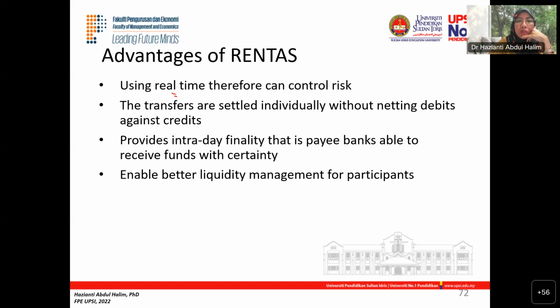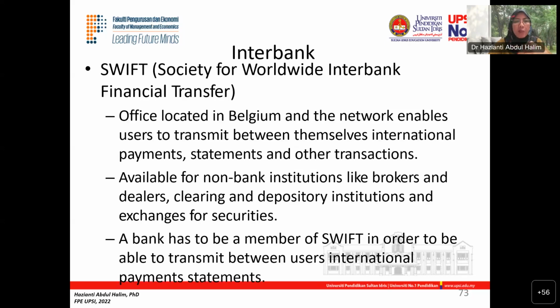The transfers are settled individually without netting debits against credits, and of course we are talking about better liquidity management for participants, because this is real time, so they don't have to keep track day by day, whatever happens, they can see the report there and then.